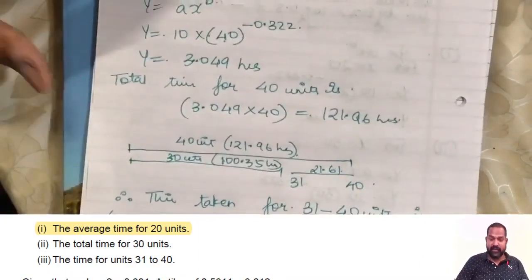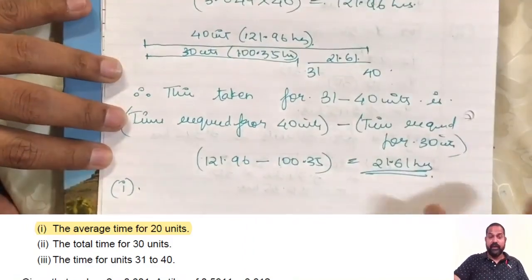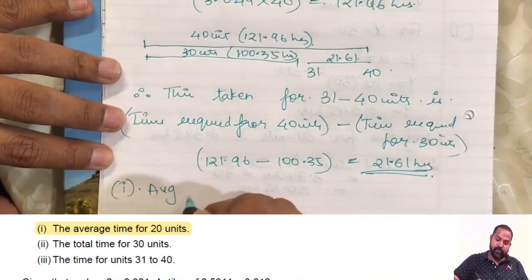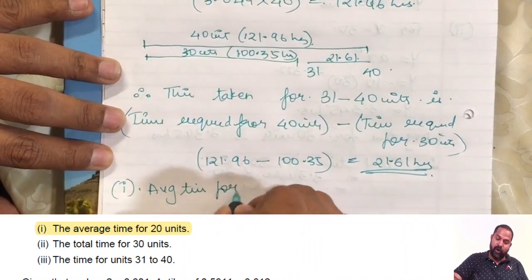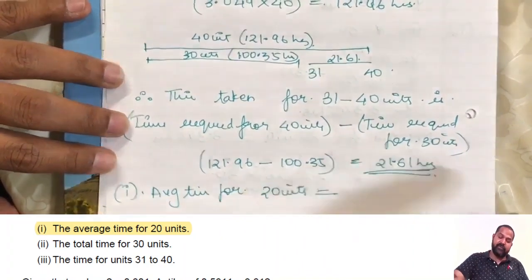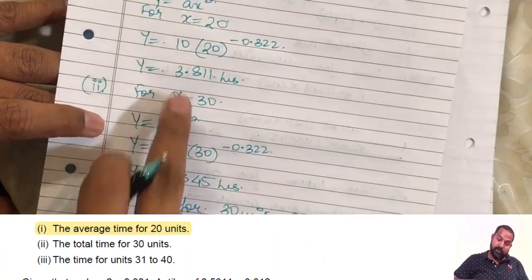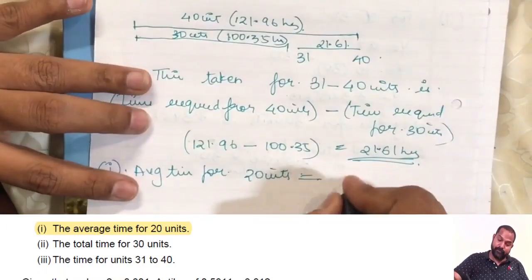And these are my three answers. My three answers to question number 1. The average time for 20 units is, what is the average time for 20 units? 3.811 hours.